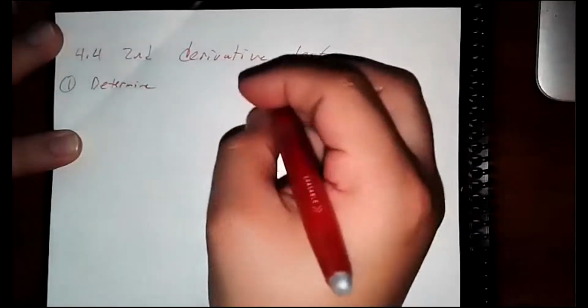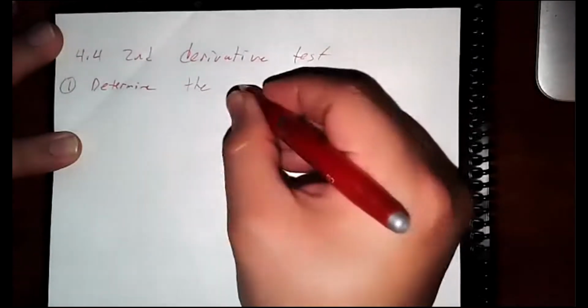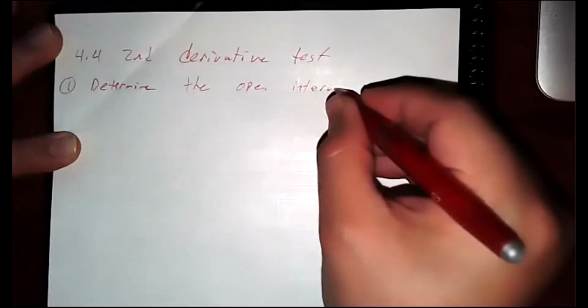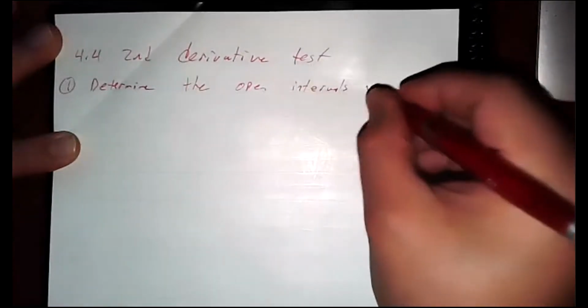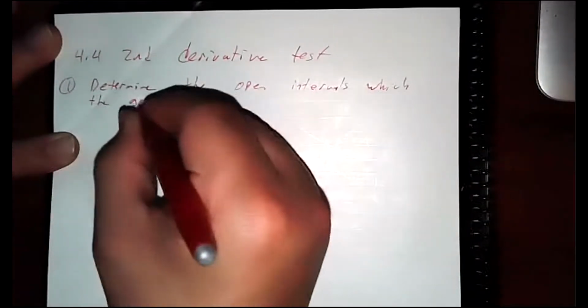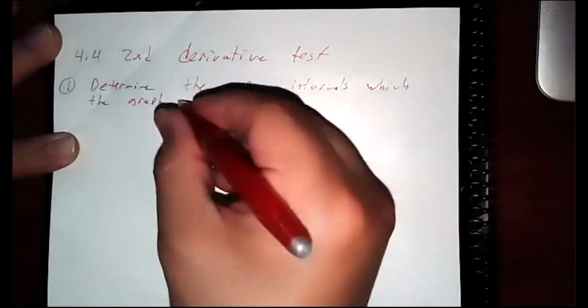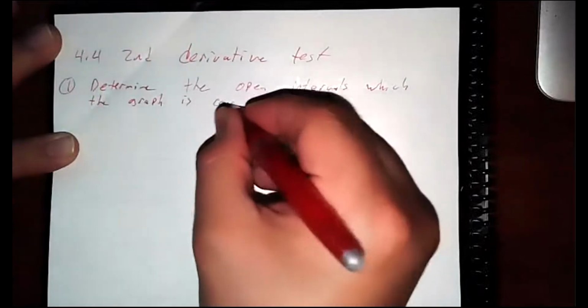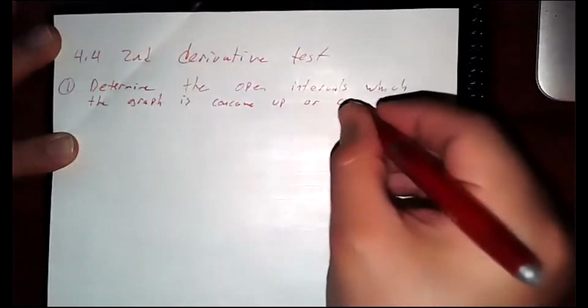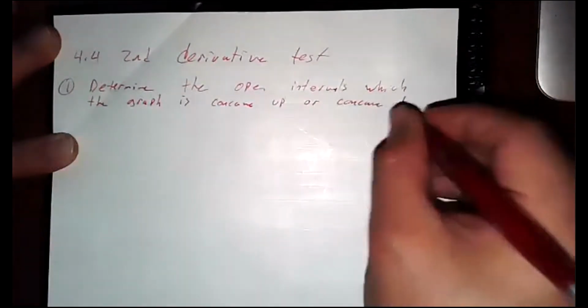Number 1: determine the open intervals on which the graph is concave up or concave down.